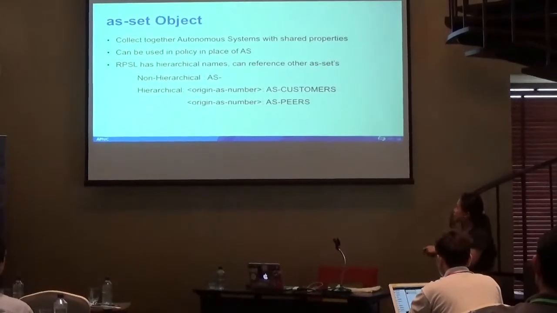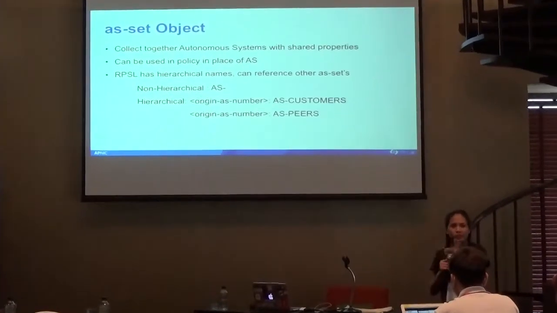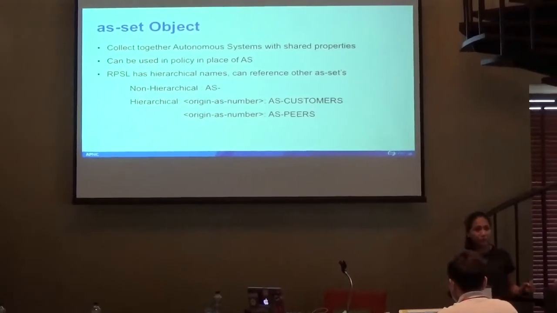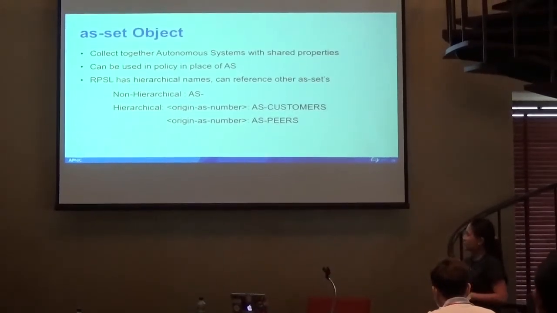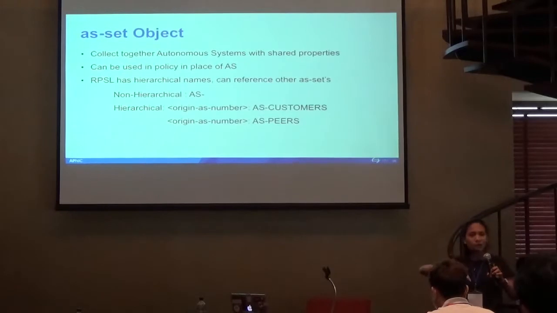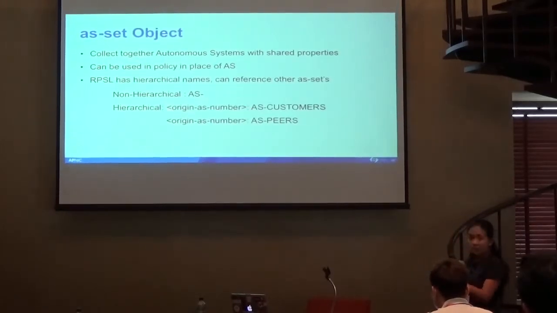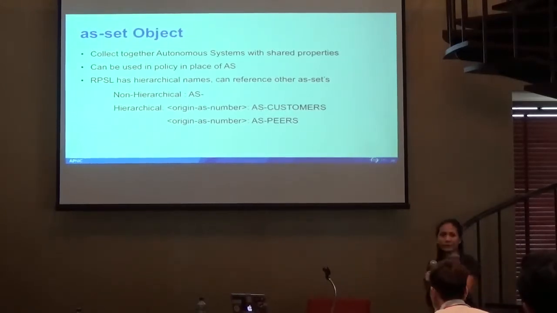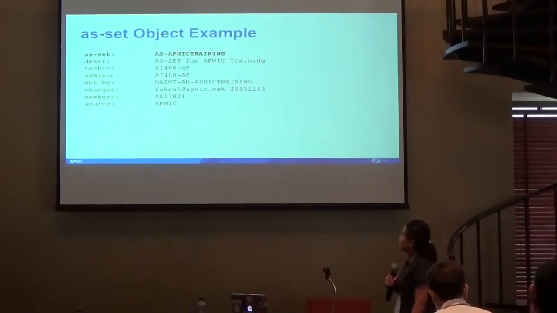The naming convention is like this: AS dash and then whatever, say maybe your company name, if it's non-hierarchical. However, if it's hierarchical, meaning maybe from that AS you have different customers or different peers, you name it like this: origin AS number, say AS17821, colon, AS dash, say customer or AS dash peers. Example is like this.